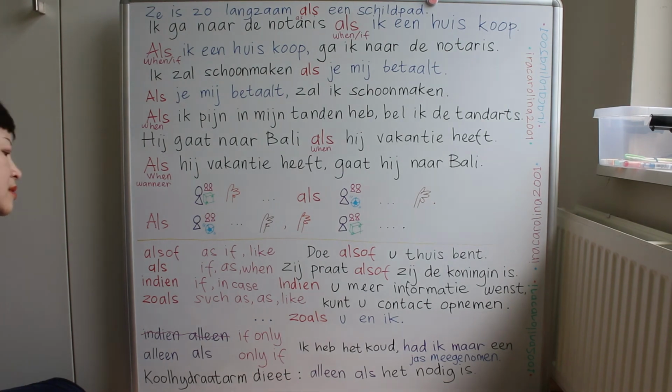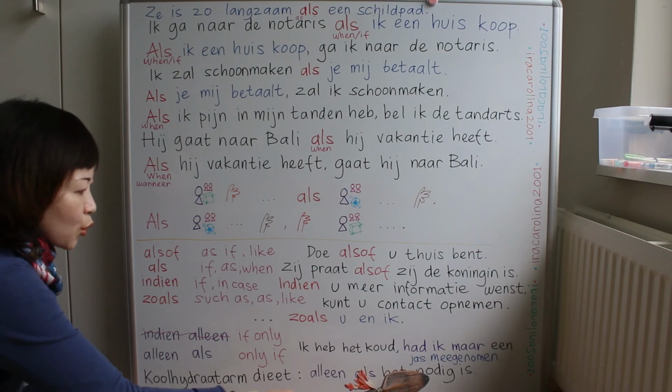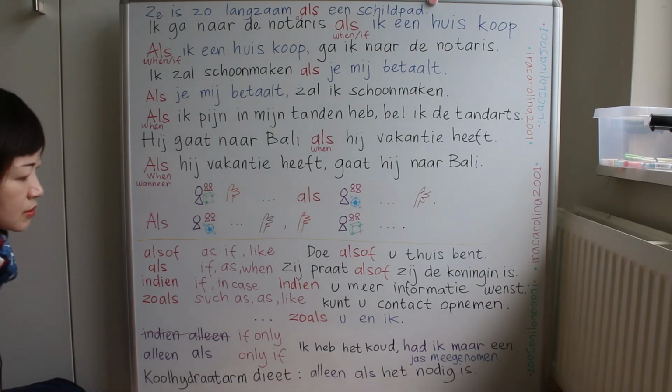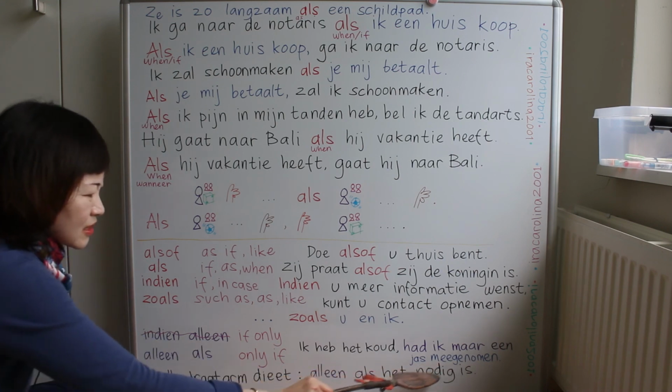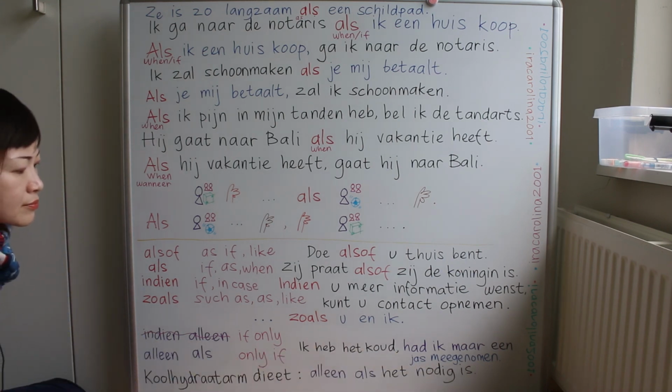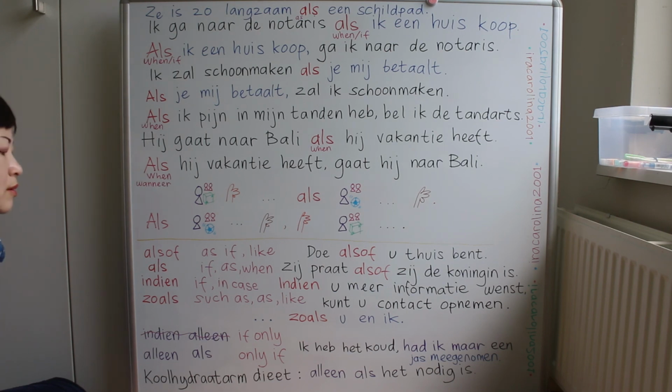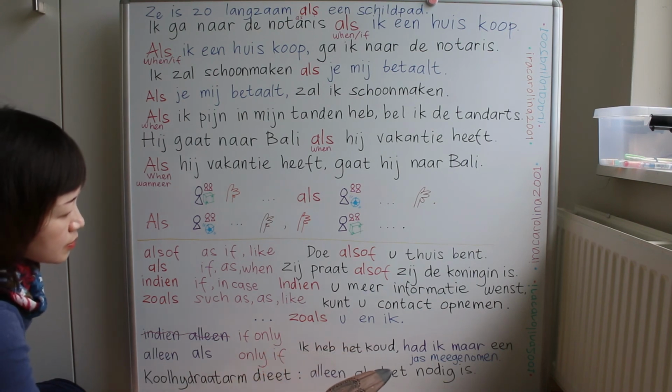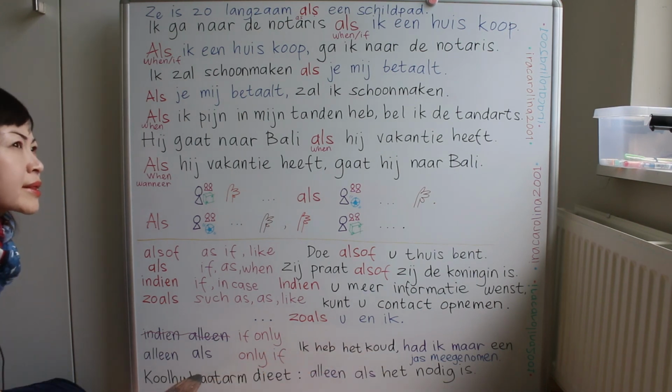Alleen als, only if, het nodig is. That is needed. Only if it's needed. So this had can be that, can be it. This time I will go for it. Yeah, because het is for the it one.